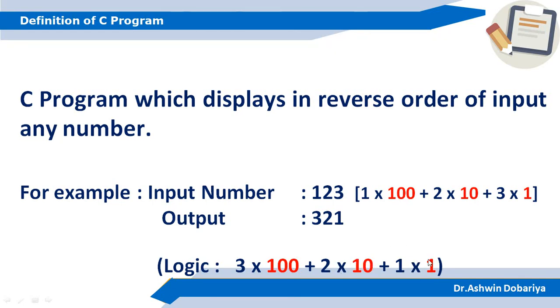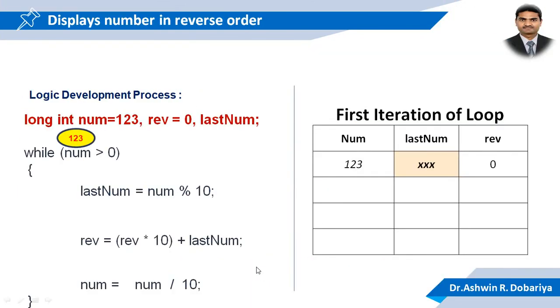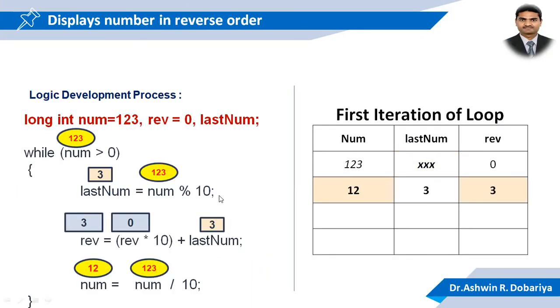That's why reverse is initialized with 0. So first time, 0 multiplied by 10 becomes 0, plus the lastnum 3. So 0 plus 3, now the reverse value is 3.